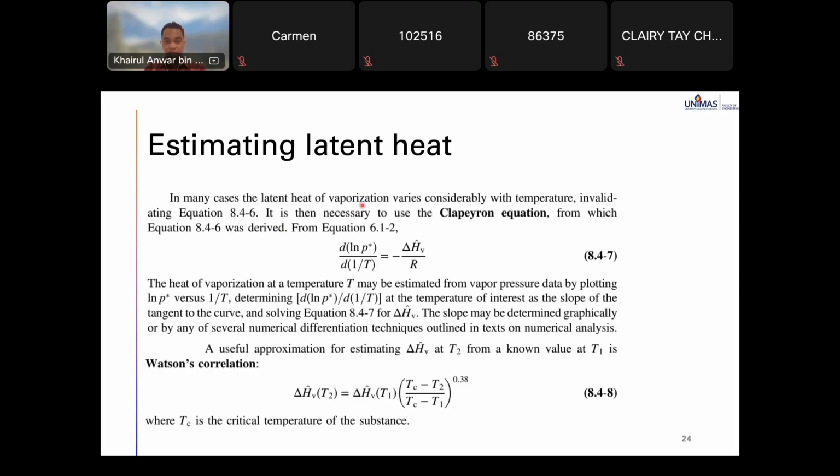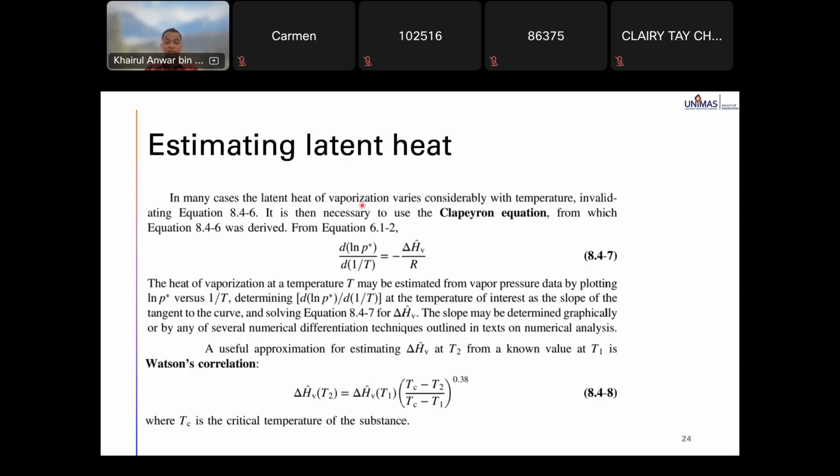It is necessary to use the Clapeyron equation, from which equation 8.4-6 was derived. For equation 6.1-2, we get this equation.